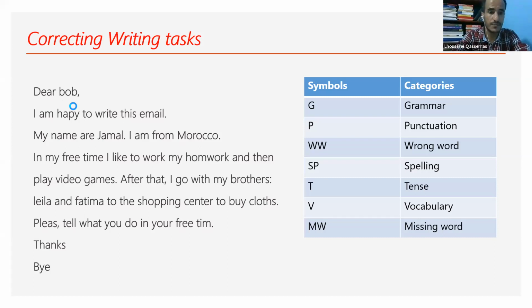So the mistake is Bob, which is punctuation. Sorry, I don't know how to write it here. It's punctuation. Let me correct it and write it again. So Bob, it means there is a problem.